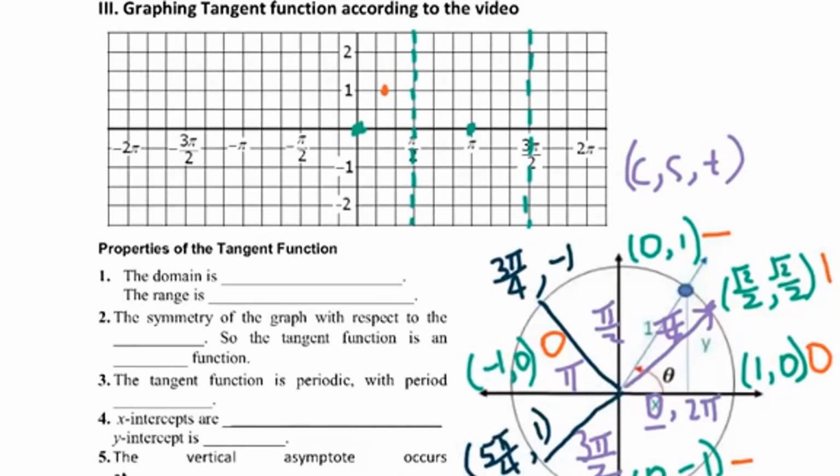You will have 3 pi over 4, that's over here. It's -1, so go to this. And 5 pi over 4 is over here. That's +1. So we draw the graph like this.